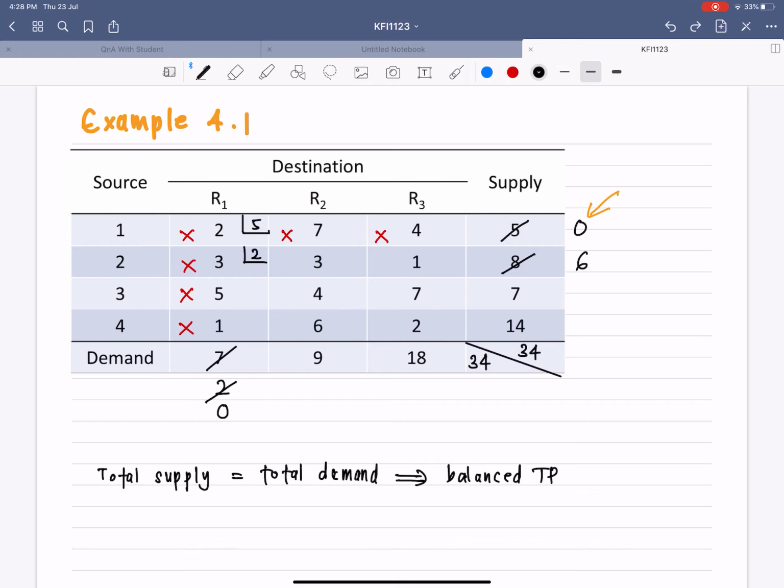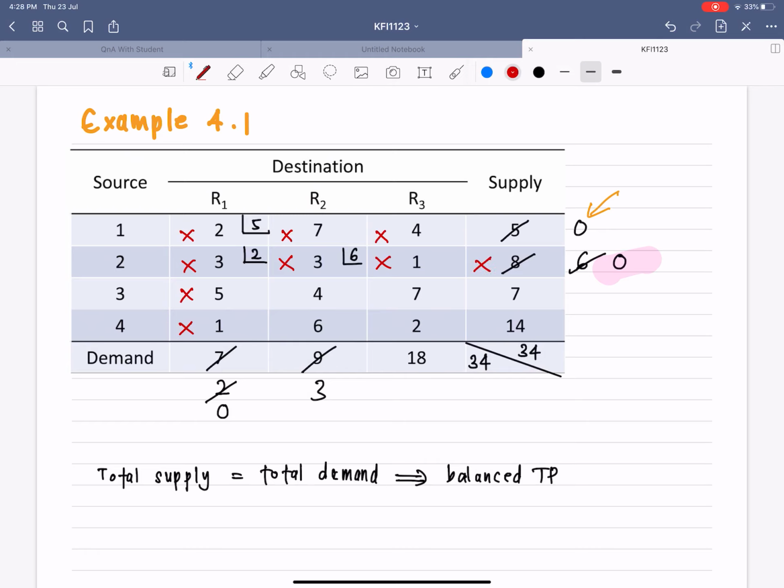So here we have 6. And then what you have to do next, 6 minus 6 is 0, and then 9 minus 6 is 3. Now you have here, this is 0, so we will cancel out the second row.